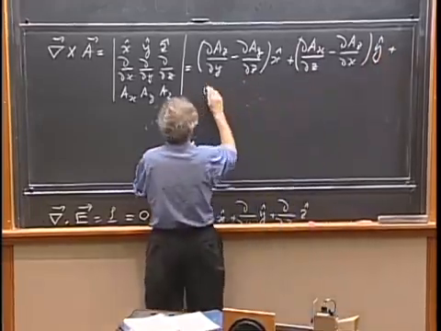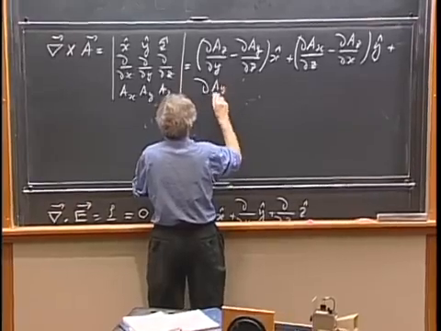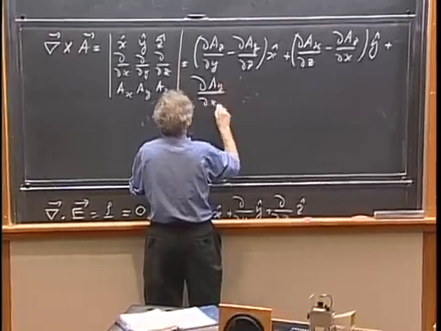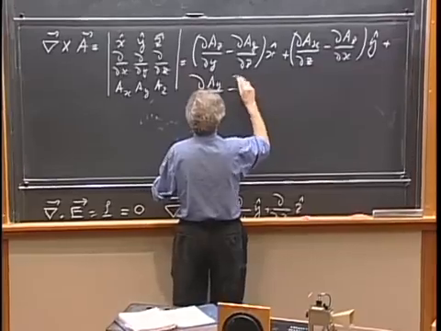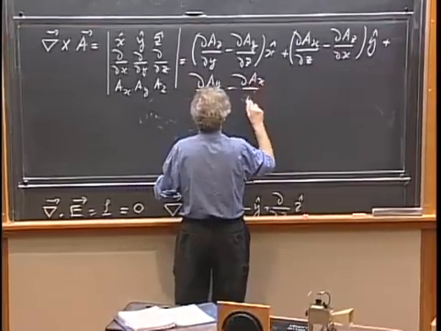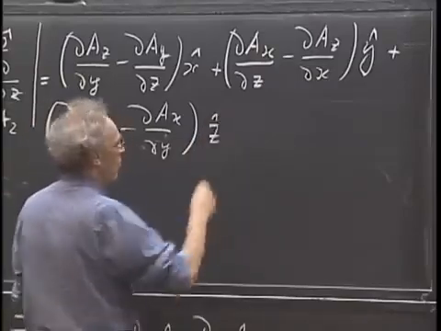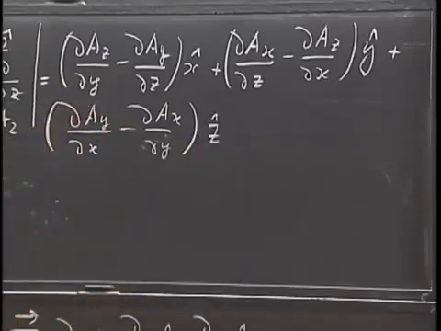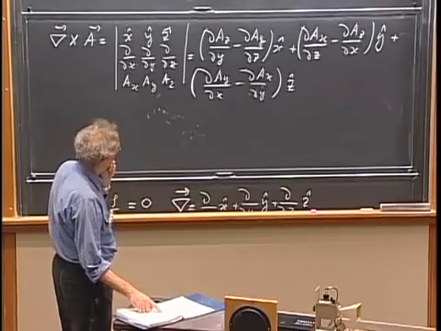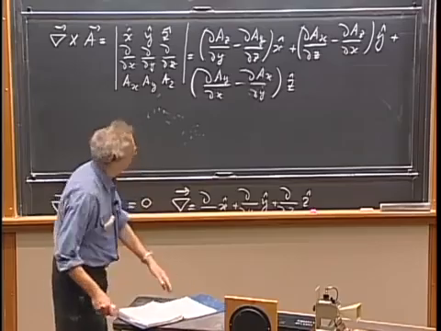And then you would get d ay dx minus dax dy, and that is in the z direction. And let me check that because it's so easy to make a little slip, and that is very awkward for me and for you also later. That is fine. And then we get day dx minus dax dy, that is fine.